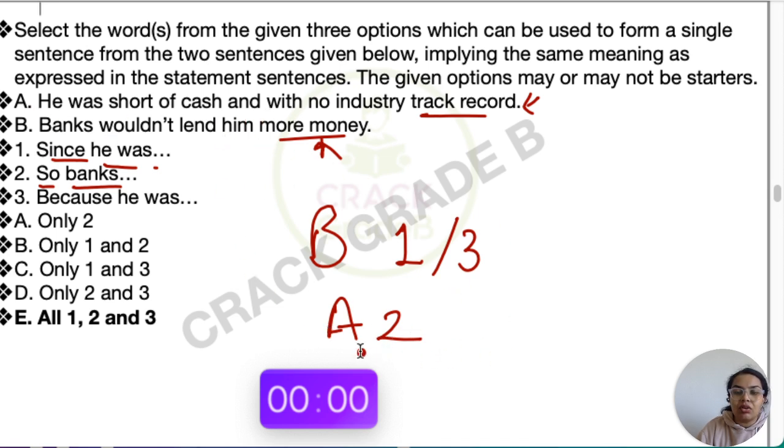You might know that you need to show your bank statement in order to get money from banks. Okay, that's why he was short of cash. There's no guarantee and all, so banks won't give money. It could be this way as well.